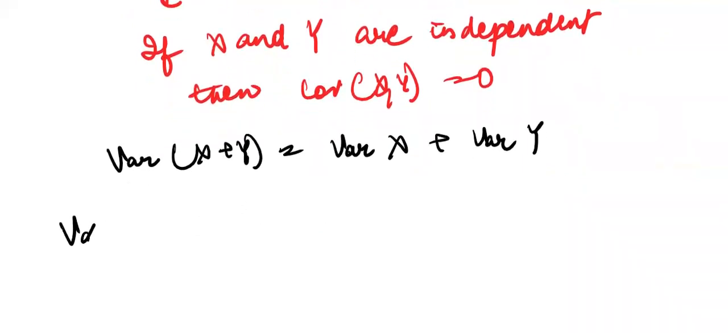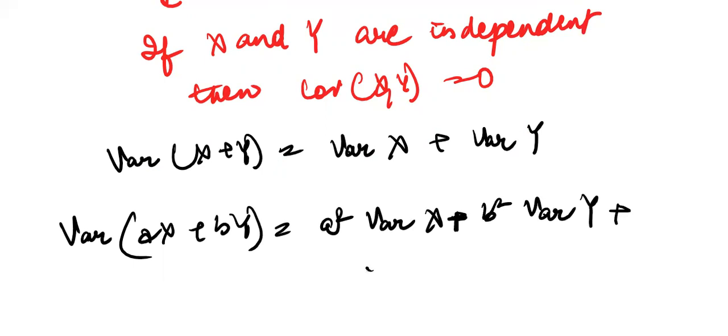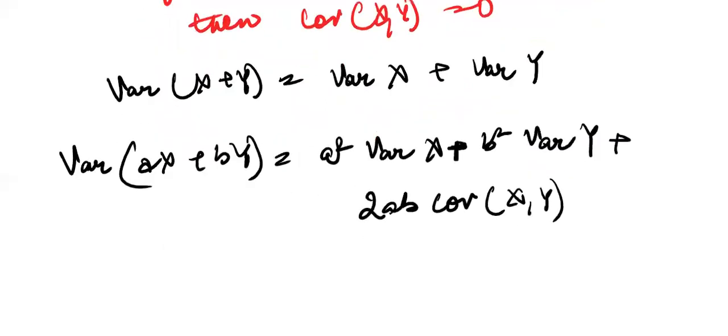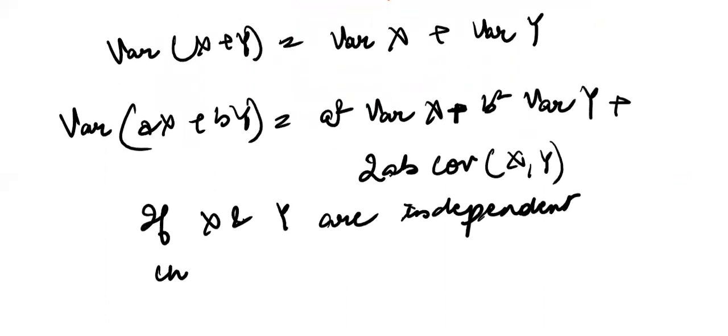Similarly, if I ask you what is the variance of ax plus by, well, it is nothing but a square variance of x plus b square variance of y plus 2ab covariance of xy. But if x and y are independent, then the covariance of x and y is 0.